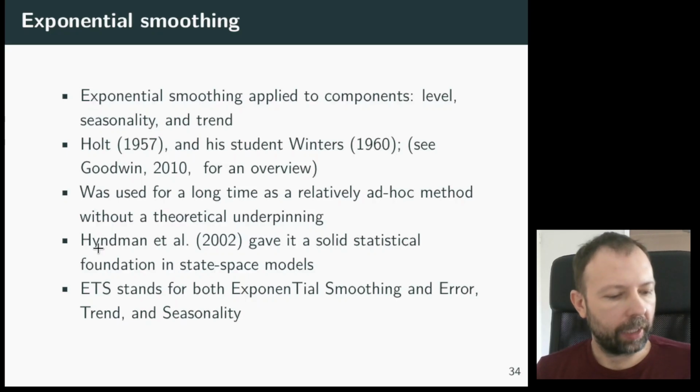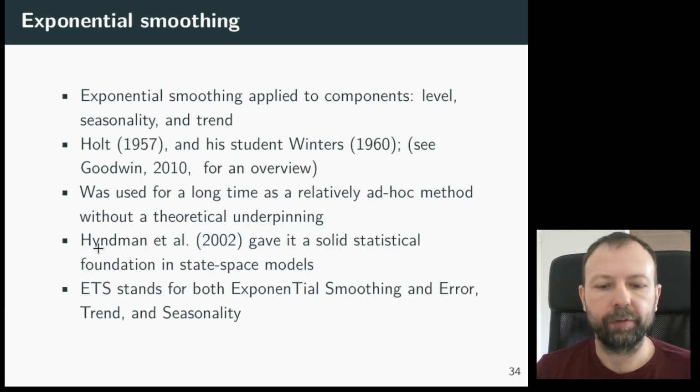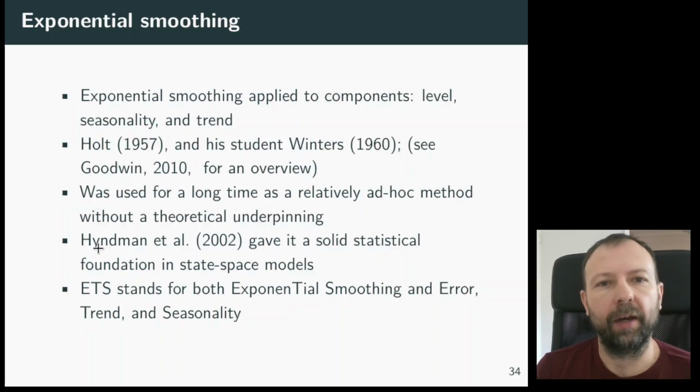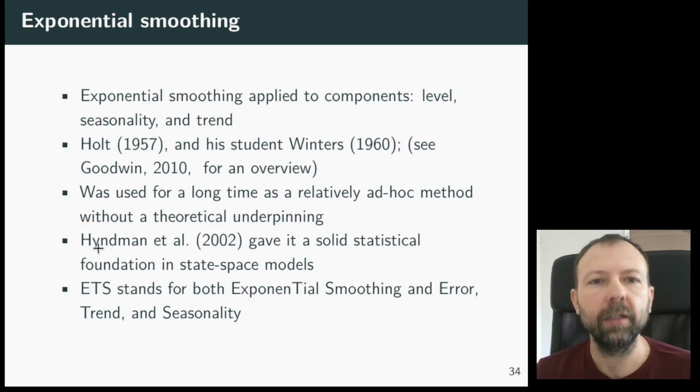Okay, so speaking about forecasting methods that do decomposition, the most well-known of those is exponential smoothing, which is just this simple exponential smoothing that we've seen before, but applied to components: level, seasonality, and trend. So it decomposes a series and then runs simple exponential smoothing on these components. It was invented by Holt in 1957, together with his student Winters in 1960.